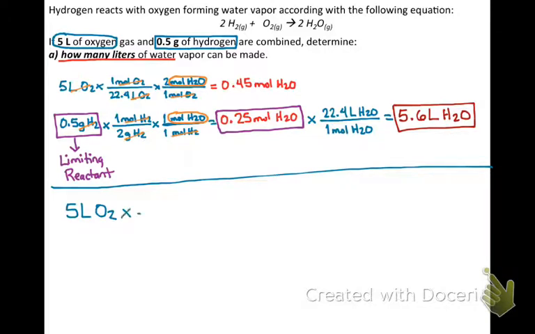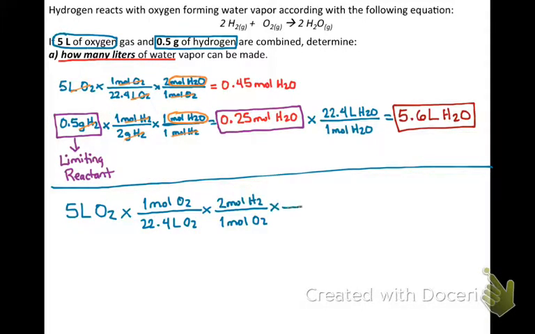So first I transform liters into moles. 22.4 liters of oxygen are 1 mole of oxygen. Then I use the mole ratio to get the moles of hydrogen. I know that 1 mole of oxygen requires 2 moles of hydrogen.